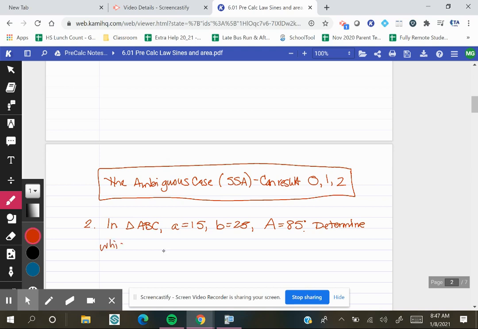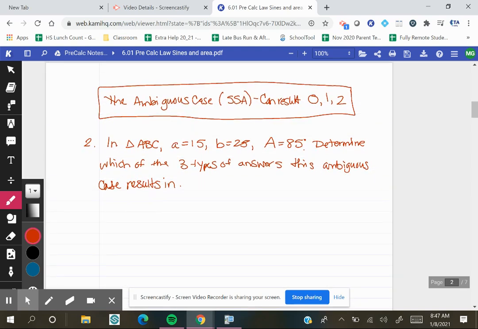Determine which of the 3 types of answers, so meaning 0, 1, or 2, this ambiguous case results in. So to figure out how many solutions, 0, 1, or 2, first start out by drawing a picture.